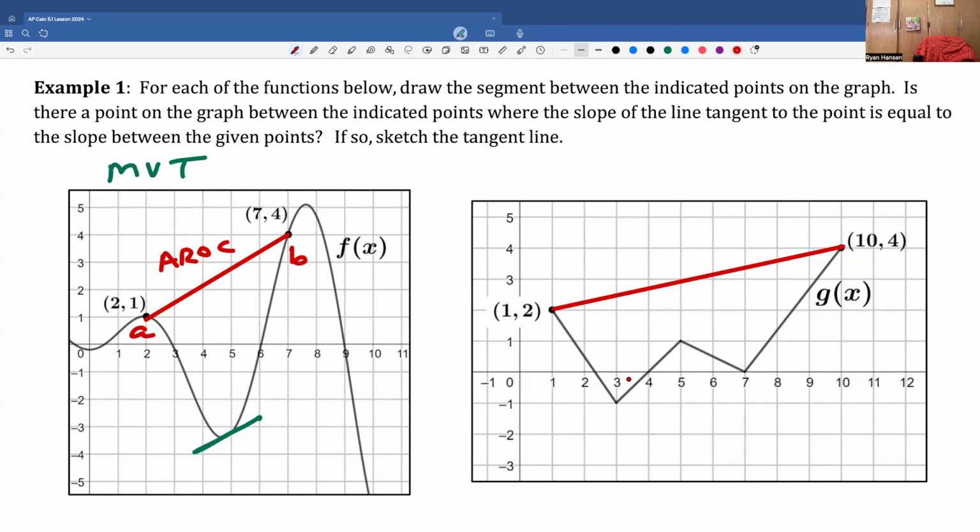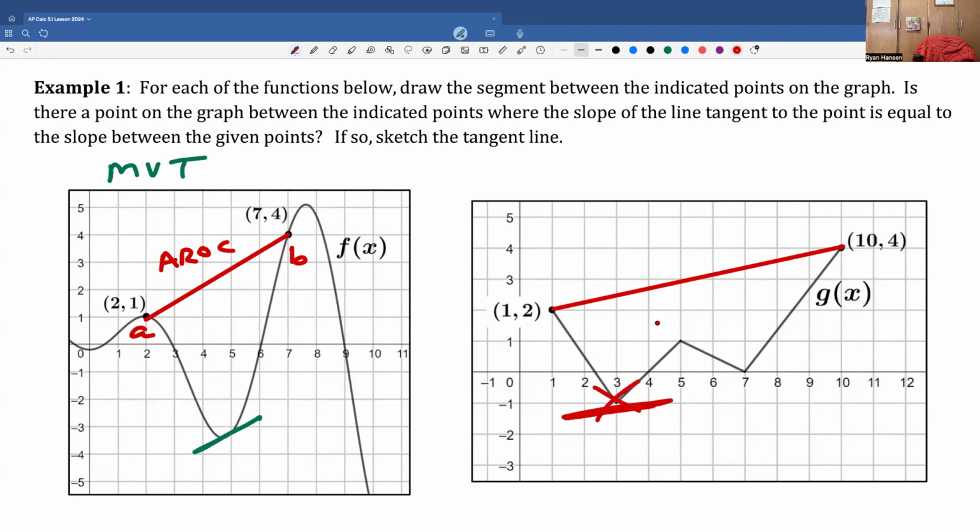Well, this is all made of straight line segments, right? So this here has a negative slope. That's wrong. This one here is too steep. If you think you're slick and you'd be like, well, Hanson, what about here? You can't draw a tangent line to a cusp. It's not differentiable there.